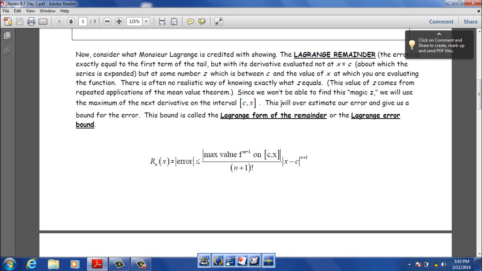So by doing this, what we've done is we're overestimating our error, but that'll give us this error bound. So this is the formula that you need to know.